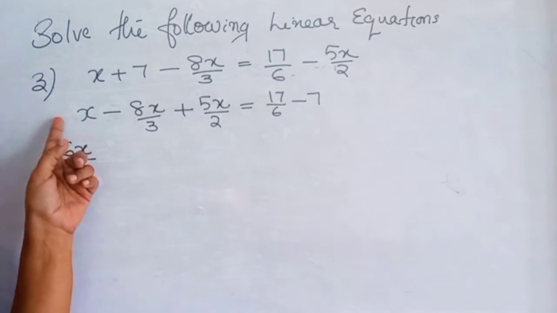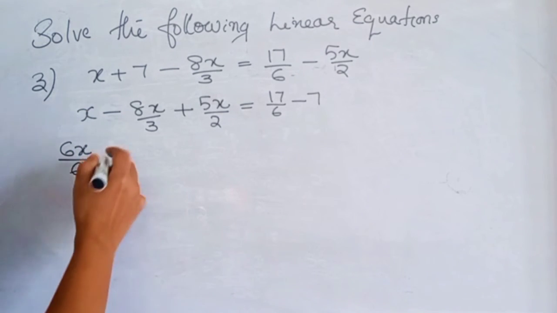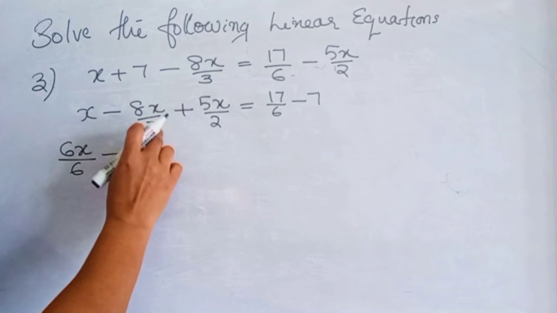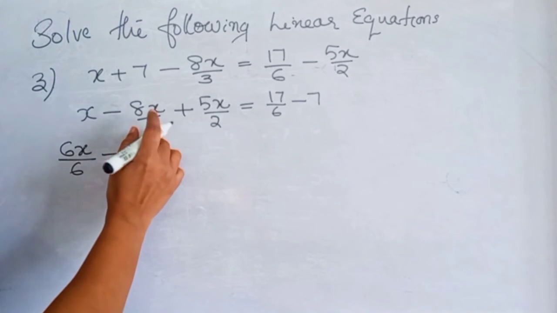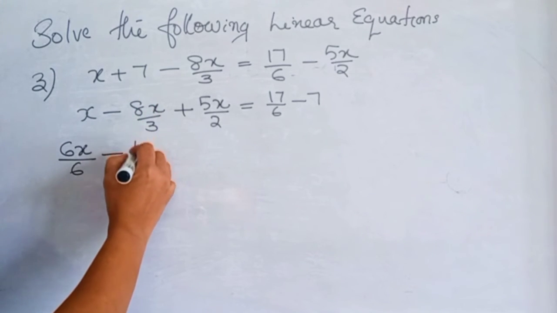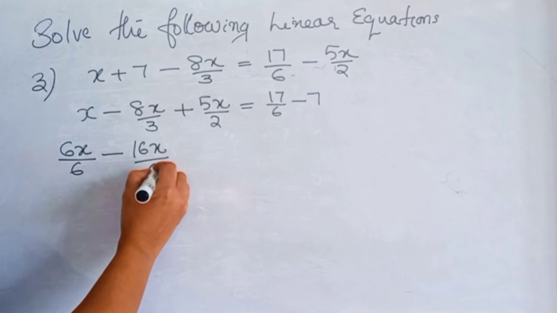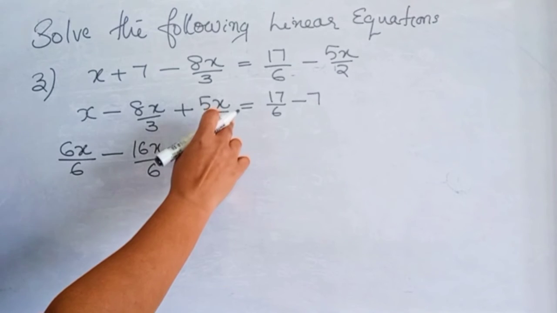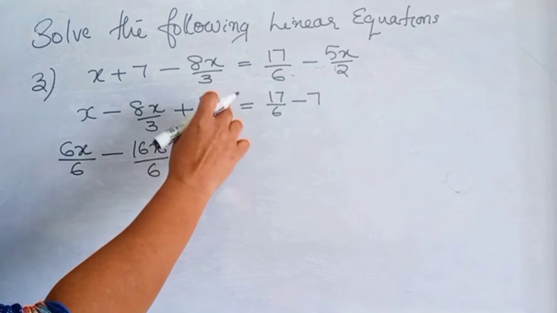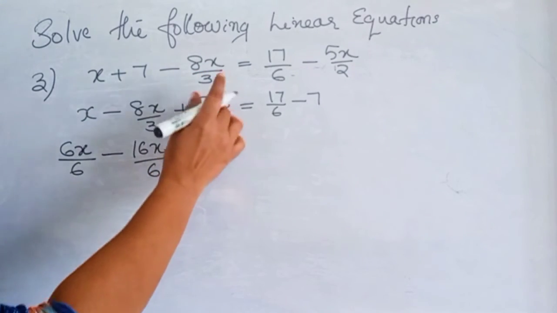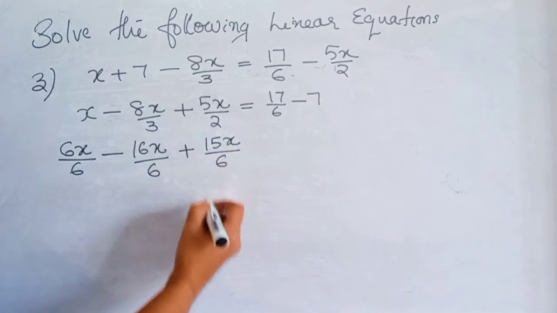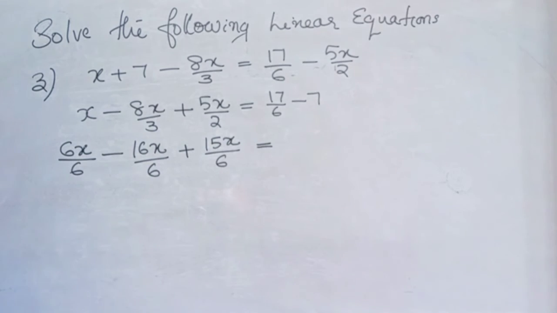That is 6x by 6 minus, here we know 3 into 2 is 6, so we need to multiply the numerator and denominator by 2. 8 2s are 16x by 6 plus, here 2 is given in the denominator, so we need to multiply the numerator and denominator by 3.